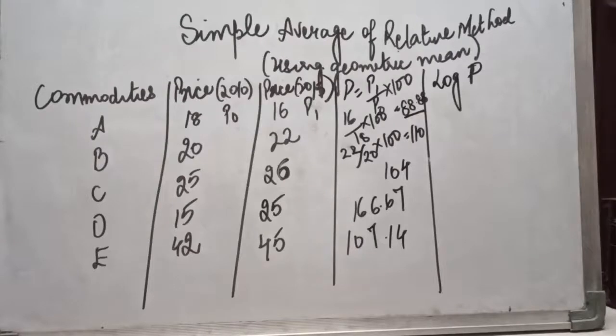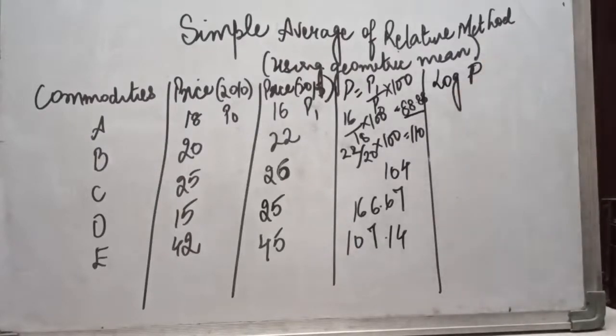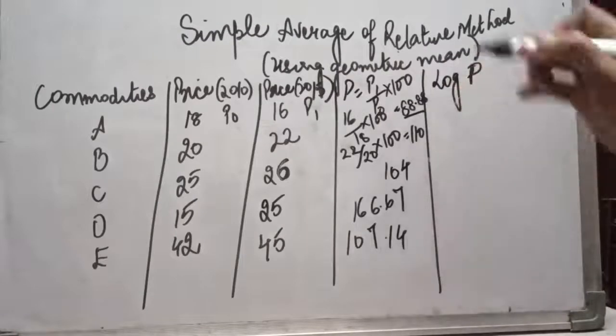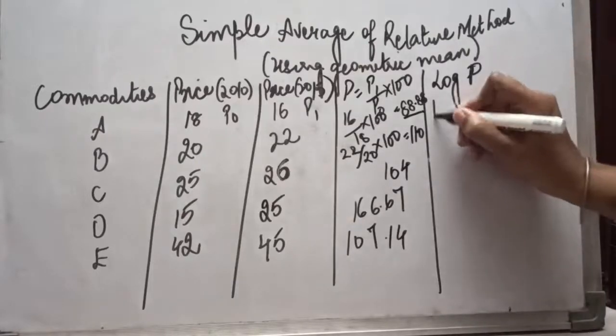Before the point I have 2 digits, so I have to count the digits before the point. My value is 88.88, so before the point I have 88, which is 2 digits. I will be deducting 1 from that, that is 2 minus 1, so here I will write 1 point.